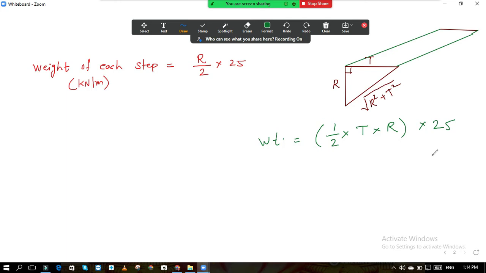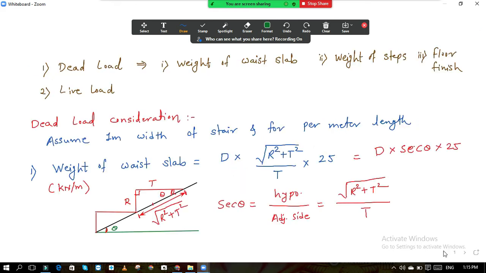So this is the actual formula. But we calculate the weight per meter. The UDL is in kilonewton per meter, so in the same way we always calculate the weight per meter length.